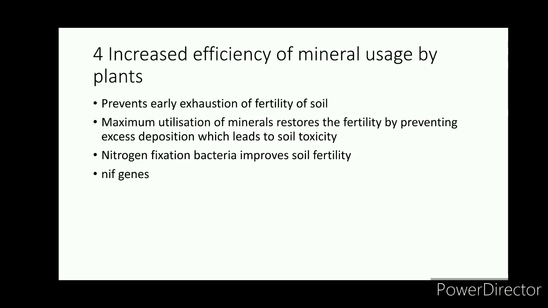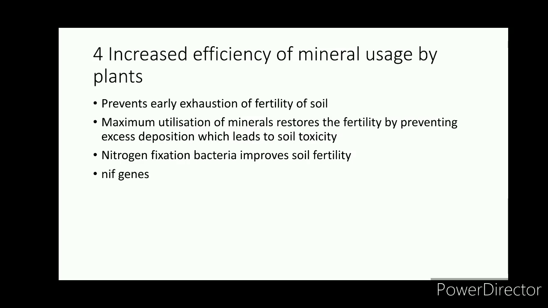But if the plant is able to utilize these minerals to the maximum extent, then there is proper development in the plant, as well as an increase in the fertility of the soil, which absorbs more minerals from the atmosphere and they are transported into the plant.